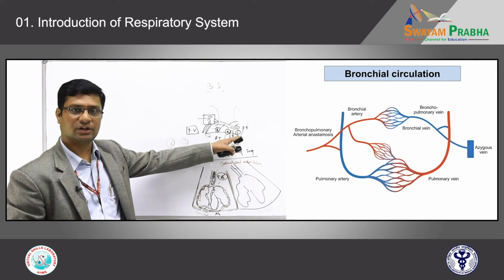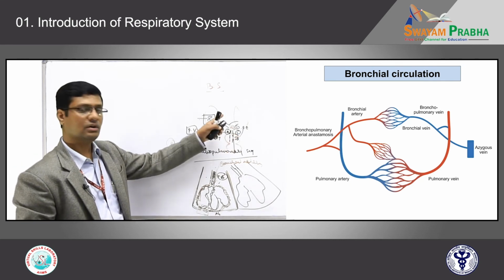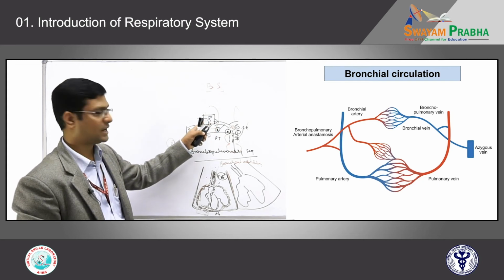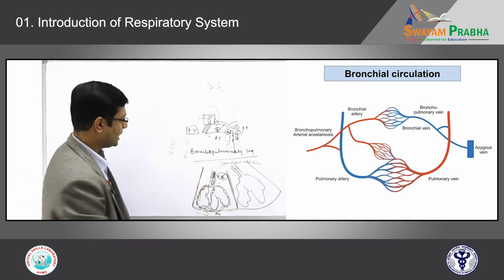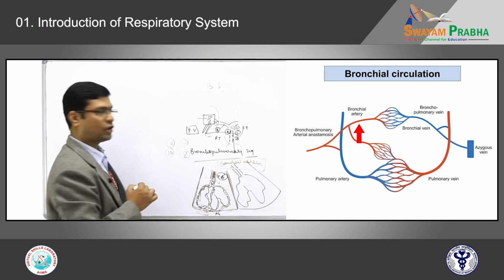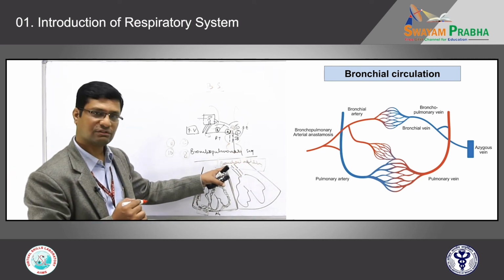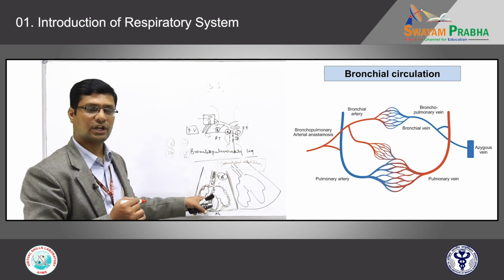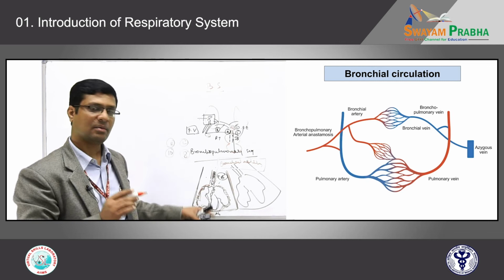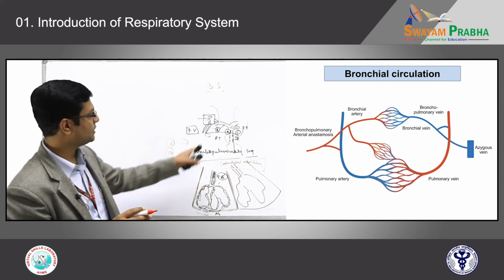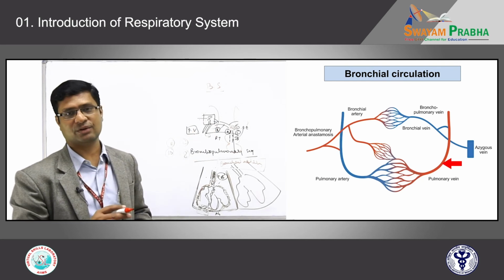Then the nutrition for the tracheobronchial tree and lung parenchyma is given by direct branches from the thoracic aorta, the bronchial artery. The main function of the bronchial artery is to give nutrition for the tracheobronchial tree and lung parenchyma, but oxygenation or carbon dioxide diffusion takes place mainly by the pulmonary artery and pulmonary veins.